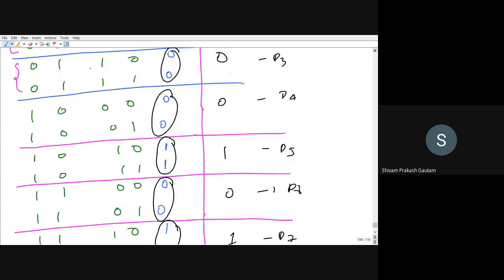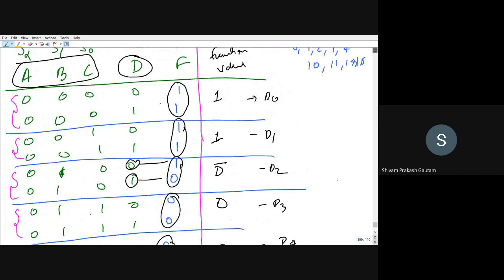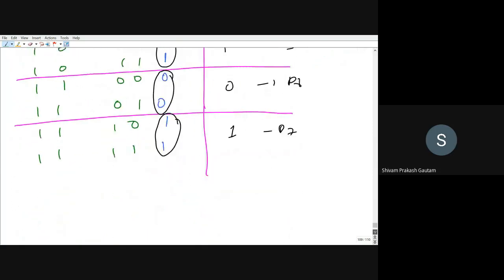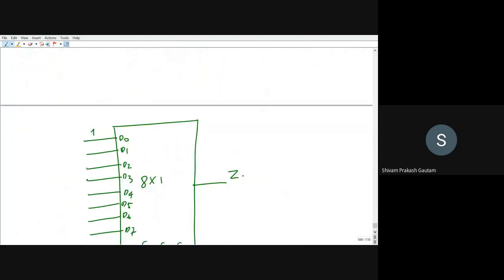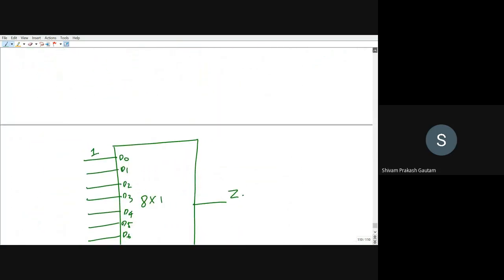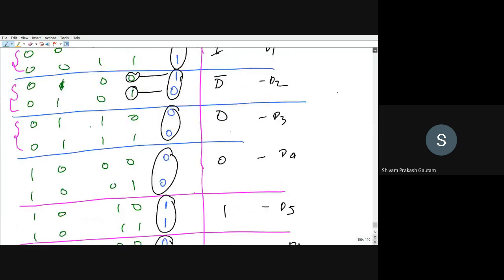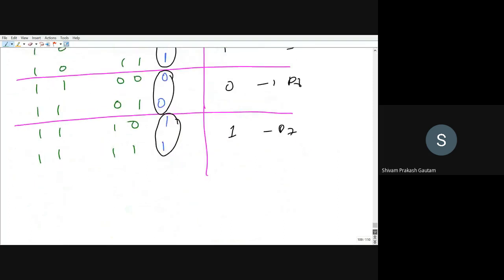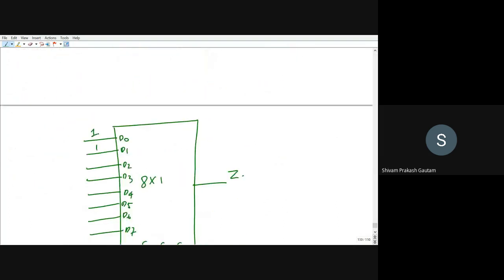So what is D0 here? You can see D0 is 1, so I can provide 1 here. What is D1? It is 1. Then we have D bar.